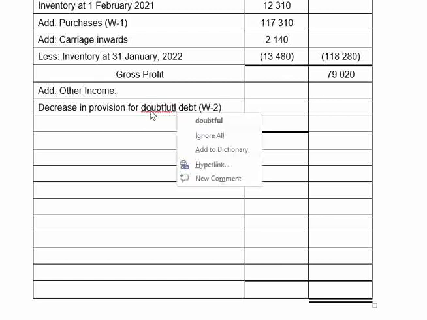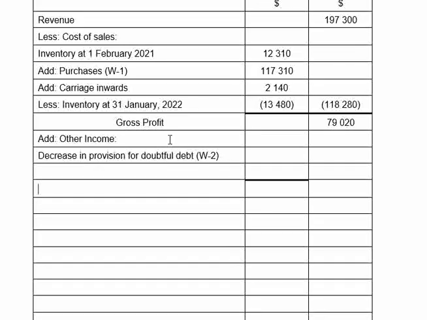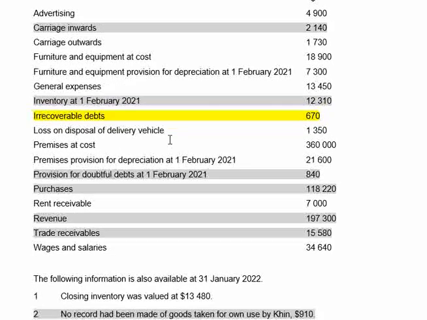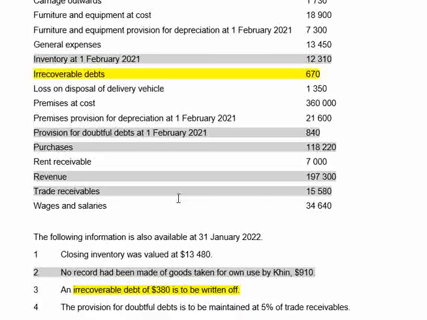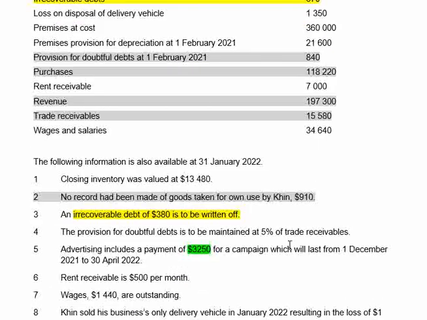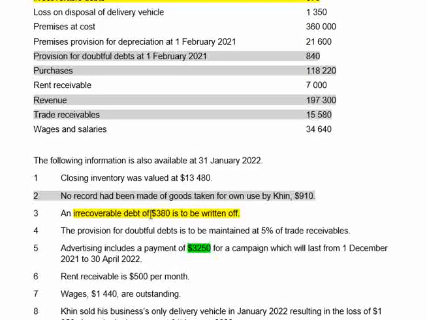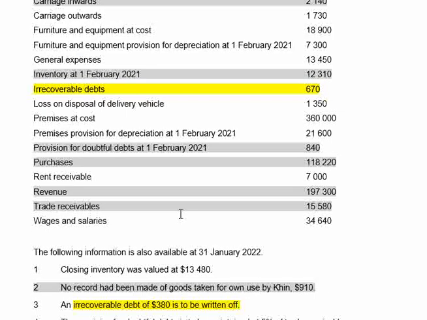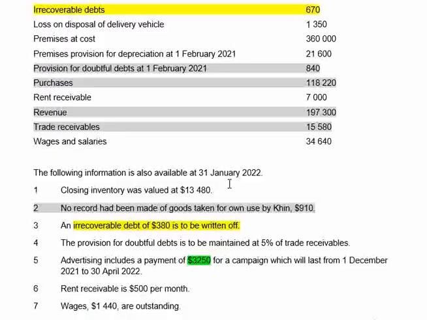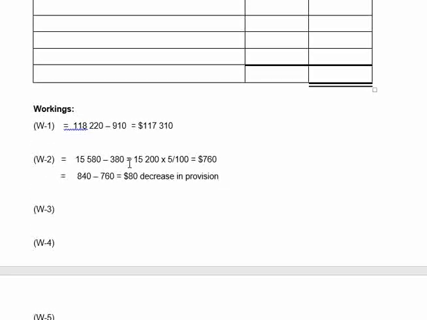I hope you're getting my point. I'm repeating this. In the question, I saw this provision for doubtful debt of 840 at start of the year. Then I made a working. I took the trade receivables amount, 15,580. Then I subtracted this irrecoverable debt adjustment of 380 from it, and I ignored the irrecoverable debt given in the question, like in the trial balance. After deducting this, I got my new trade receivables, 15,200.